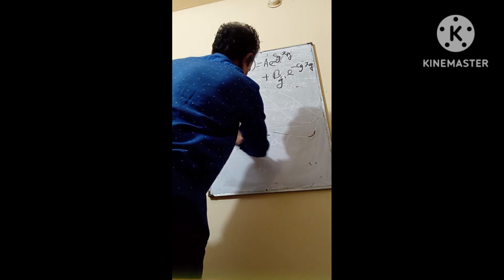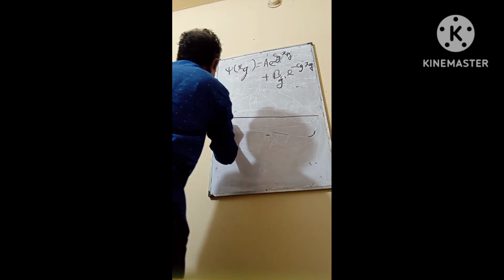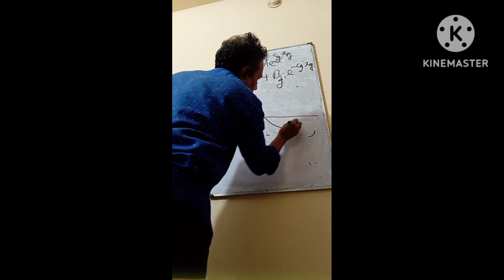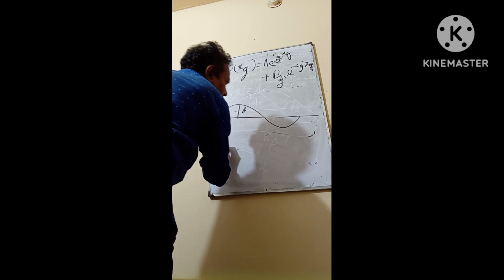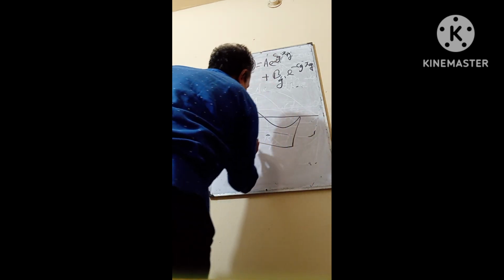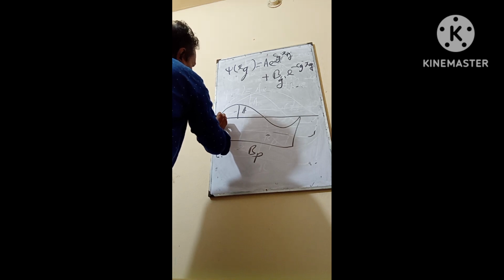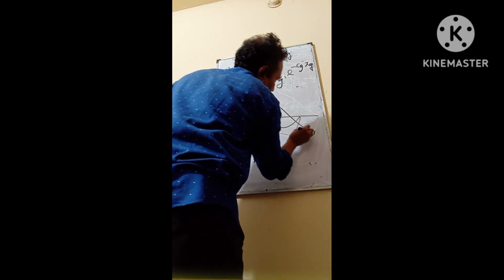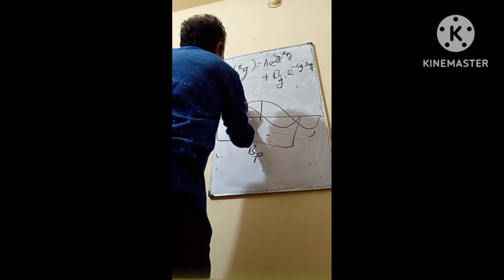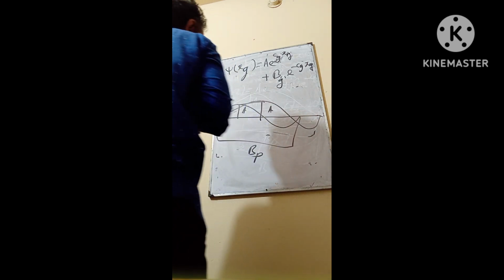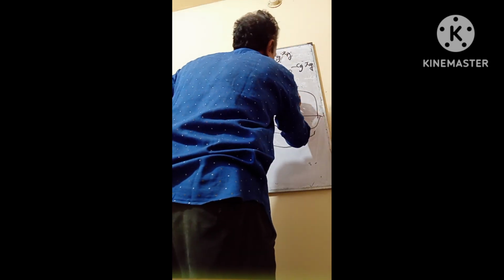I have to draw correctly. A, BP. The graviton particles wave is the same, but this is the BZ.